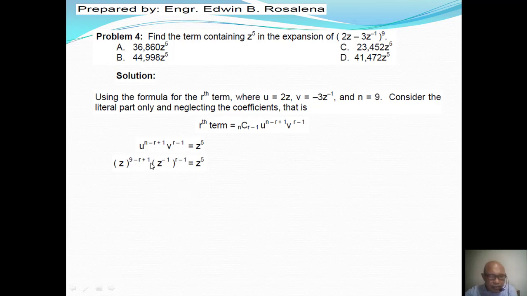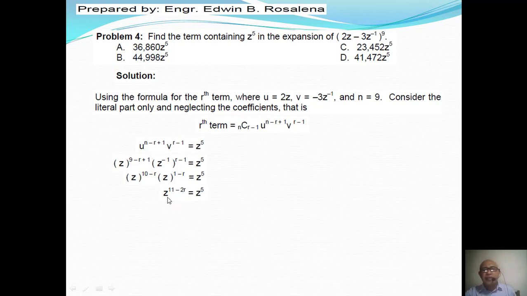Then this is 10 minus r, no? 10 minus r, then this is 1 minus r. Tama? So ito na yung sinasabi ko. Di ba we can combine them into a single variable, z, with an exponent? So, the left side can be written as z to the power 11 minus 2r. Tama ba? Okay, no? 10 plus 1, yeah, negative r minus r.